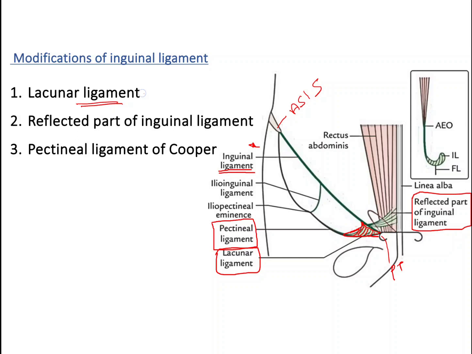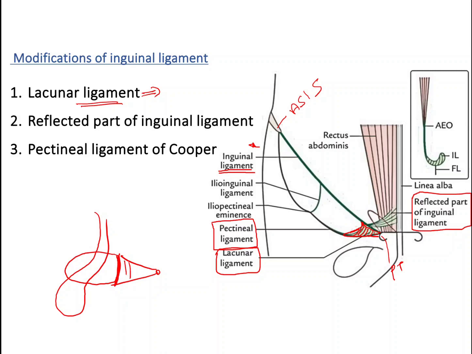You know the surgical importance of the lacunar ligament. See the pubic tubercle. Here we have the lacunar ligament, and this is the femoral canal, through which the femoral hernia occurs. The medial boundary of the femoral canal is formed by the lacunar ligament.